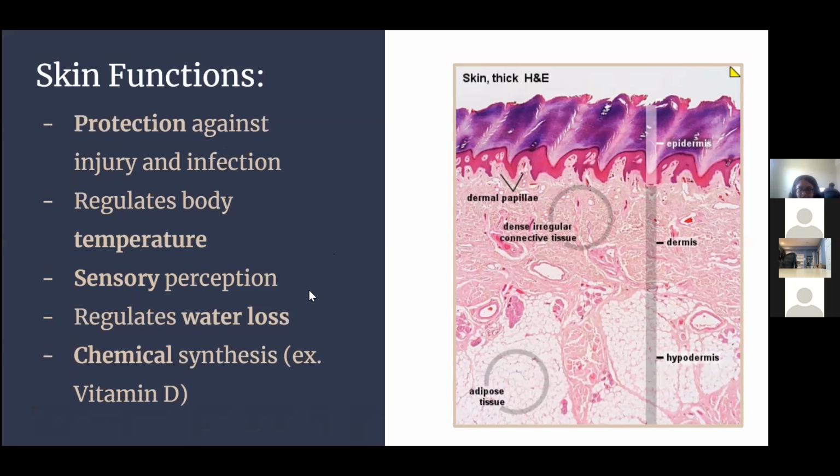Wait, is everyone good with this? No, the teeth are part of the skeletal system. Is everyone good right now?